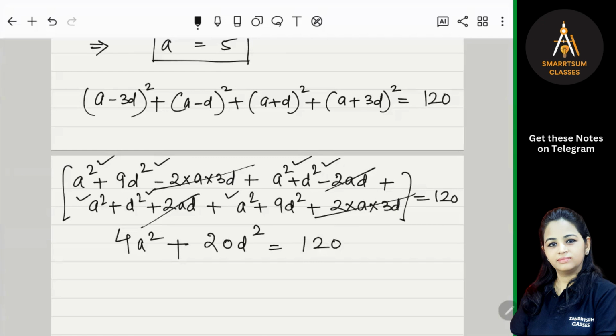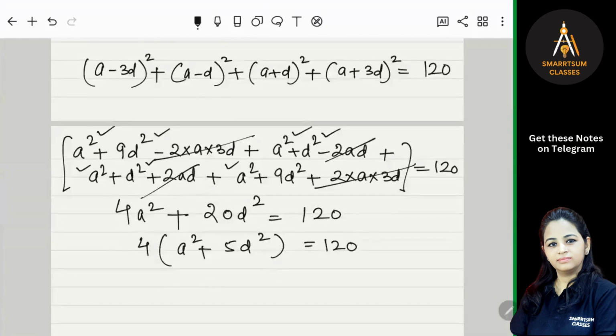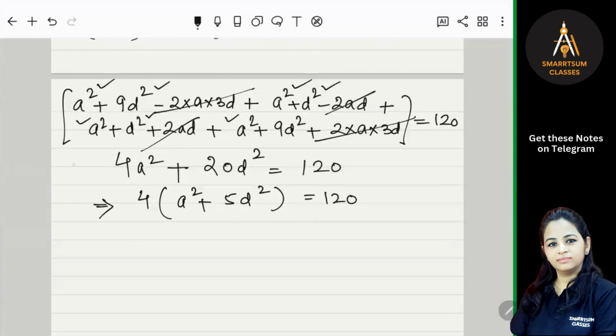Getting that? Now taking 4 common, you will get a square plus 5d square equal to 120 by 4, that is 30.